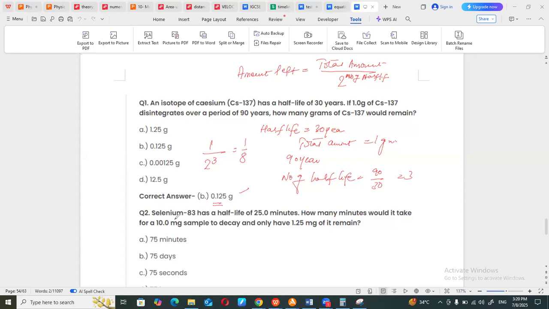In that case, selenium 83 has a half-life, again given, which is 25 minutes. How many minutes would it take for 10 grams, not time required, total time. So total time is required.